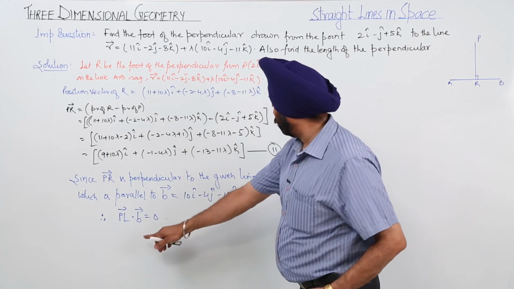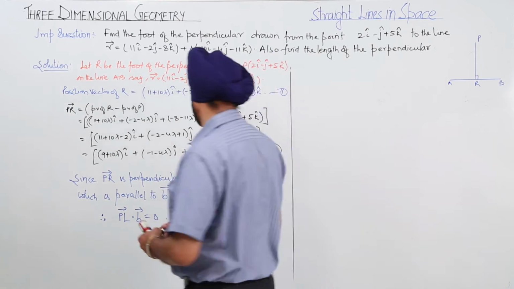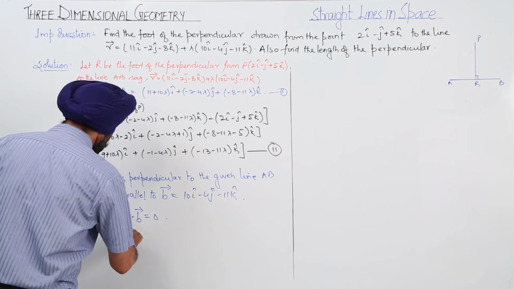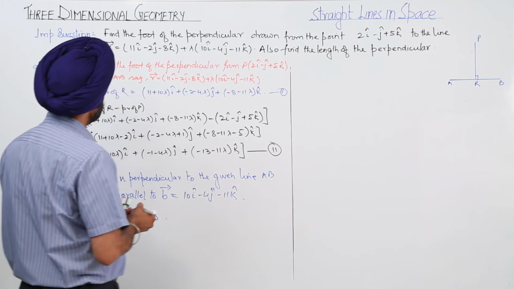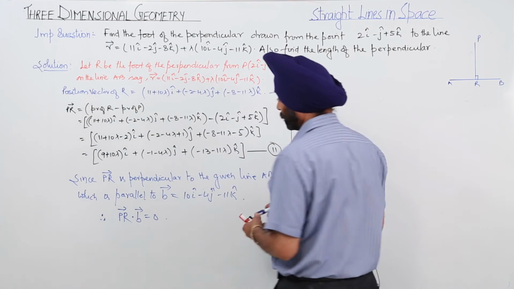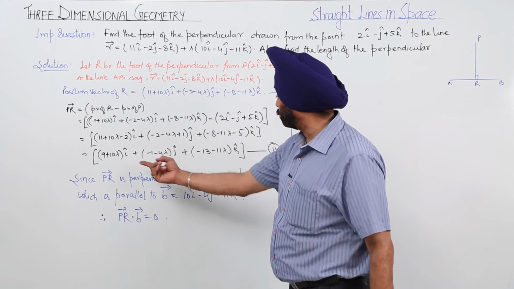Now we are having vector PR dot vector B. So the vector PR is this one.